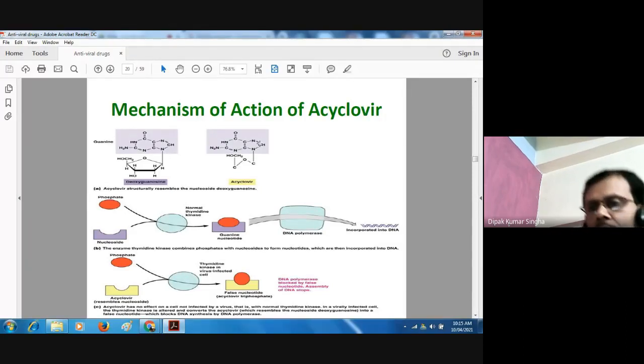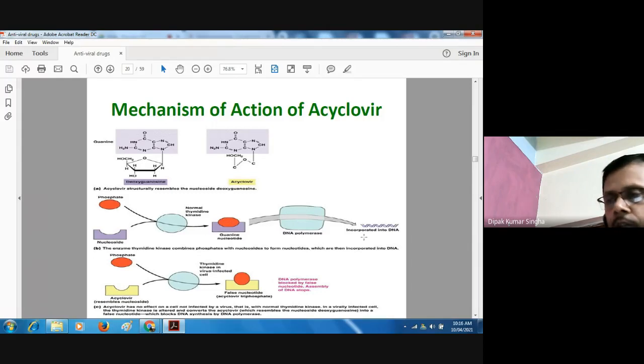It is just like sulfur drugs, which are analogs of PABA; here acyclovir is the analog of guanosine. Guanosine is the normal molecule that helps replication, but acyclovir has a slightly different structure, though usually the same. That's why it binds with the phosphate.